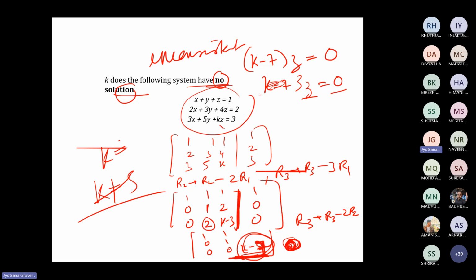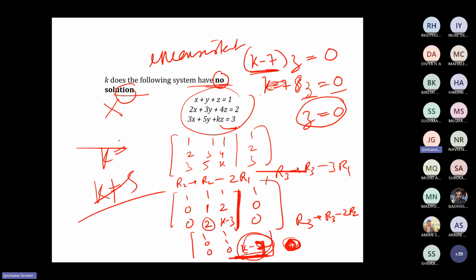Yeah, you're right. Because here what you are saying is, suppose k is 8, so you'll have 8z equal to 0. So this will derive z equal to 0, and it will become infinite solutions.